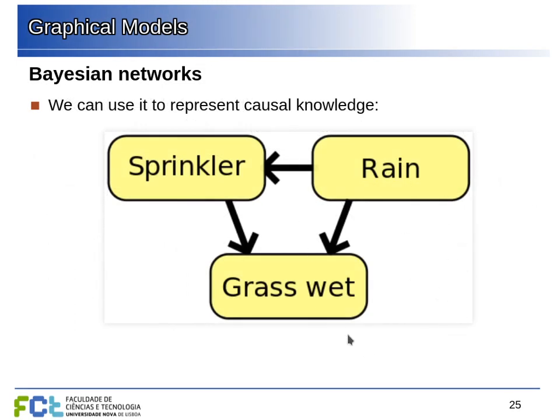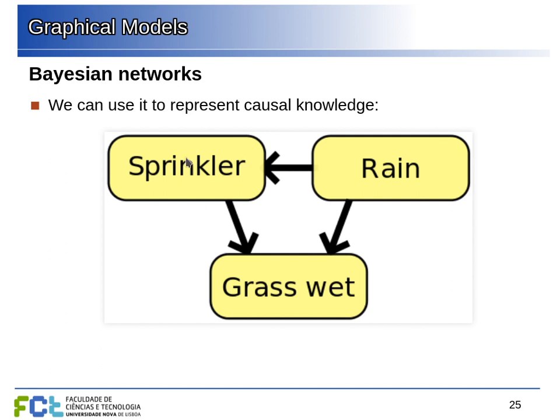So taking this example, we know that if someone turns on the sprinklers to water the grass, or if it rains, then the grass will be wet. So the probability of the grass being wet depends on whether or not the sprinklers were turned on and whether or not it rained. And this is indicated here by these arrows that indicate this conditional probability.